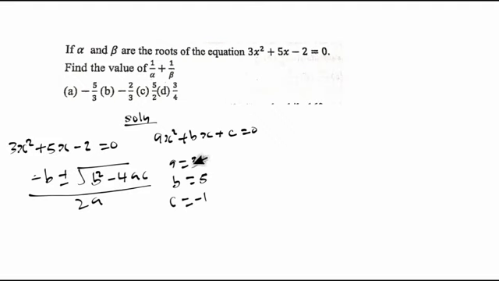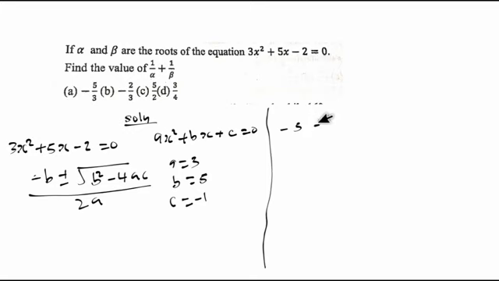Now we have a, b, c. So let's substitute them into the quadratic formula. Let me create some space there. Now we have minus b, and since b is equal to 5, I put 5 there.